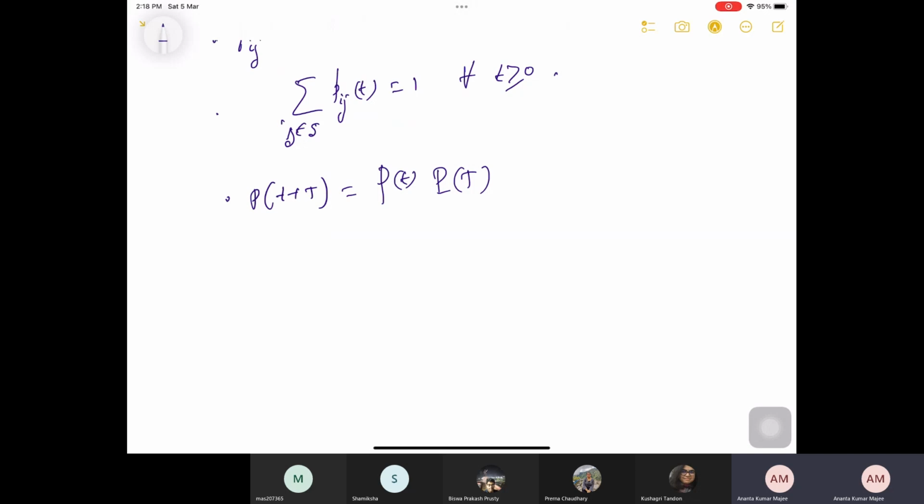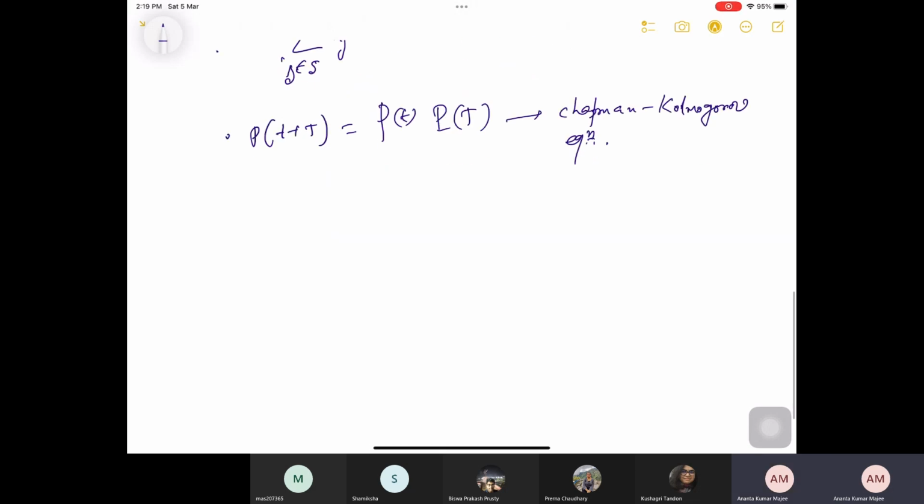This is called the Chapman-Kolmogorov equation. I'll first write it in the matrix notation, and then I'll try to write it elementwise. Okay, so now elementwise you will see how to find these things.